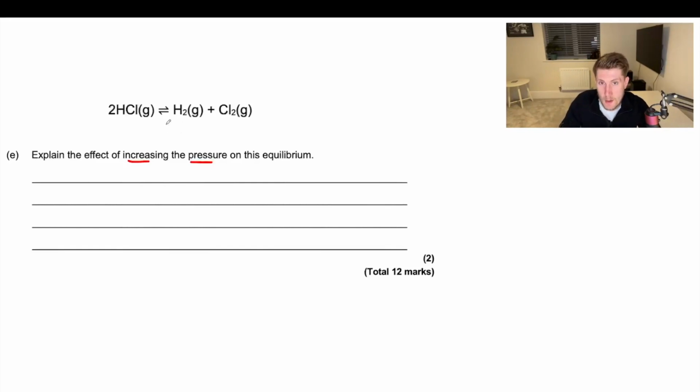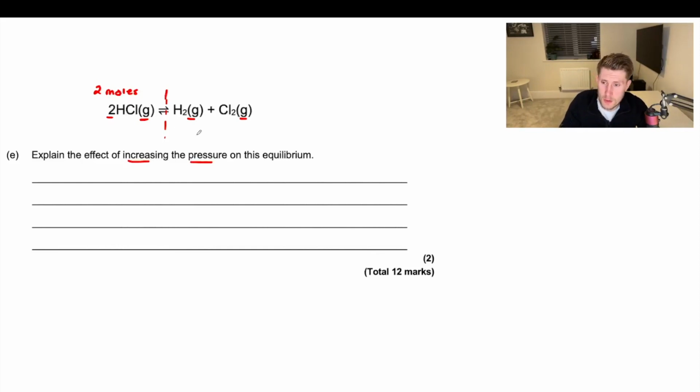So let's have a look at how much gas there is. Now pay attention to the state symbols here. Okay, we have to look at each gas. So on the left hand side here we have 2 moles of gas. 2 molecules of HCl gas, 2 moles of gas.